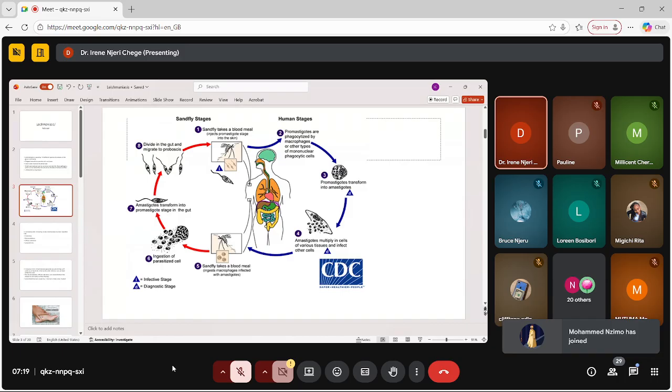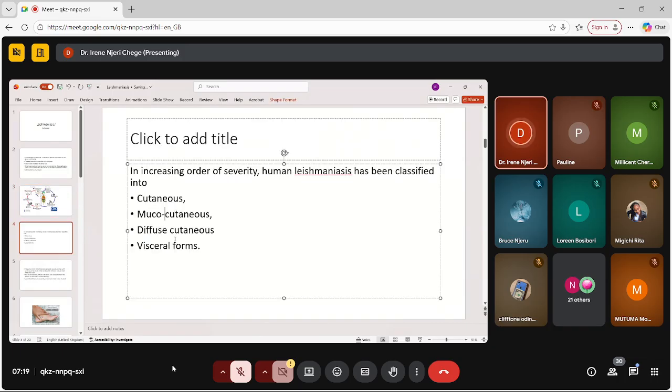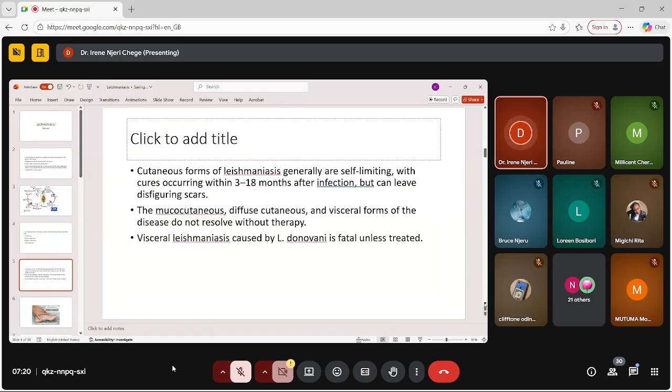So there are various types of leishmaniasis. We have the cutaneous, the mucocutaneous, I think we mentioned last week. We have the diffuse, then we have the visceral forms. So depending on the type of Leishmania, it will transmit a specific type of disease. Now, cutaneous forms, these ones are usually self-limiting.